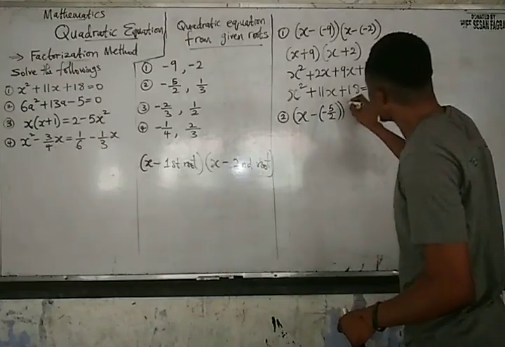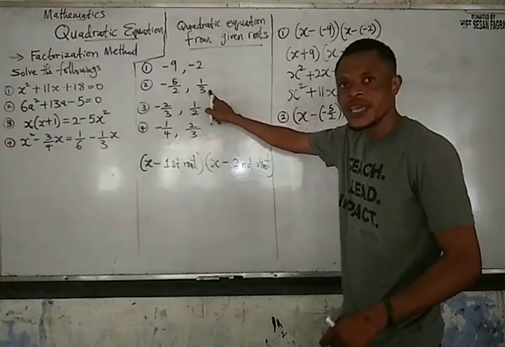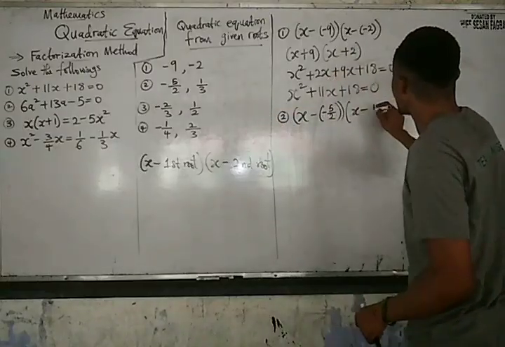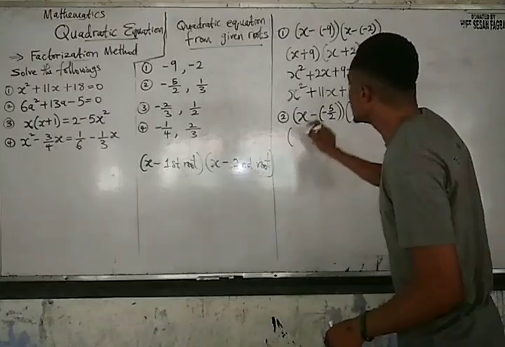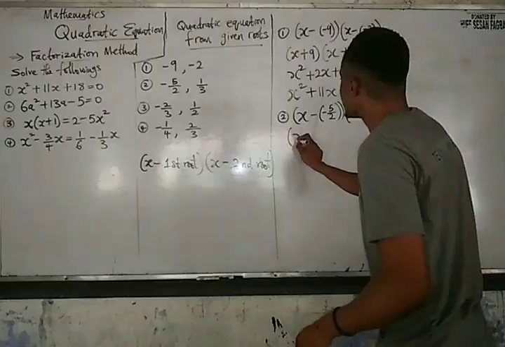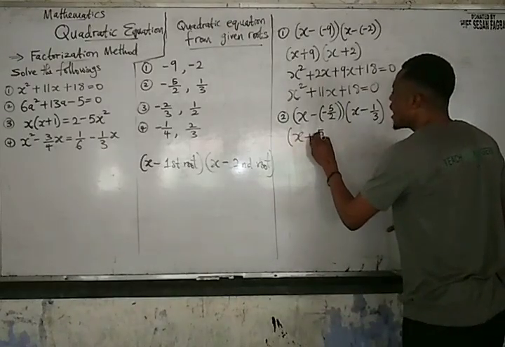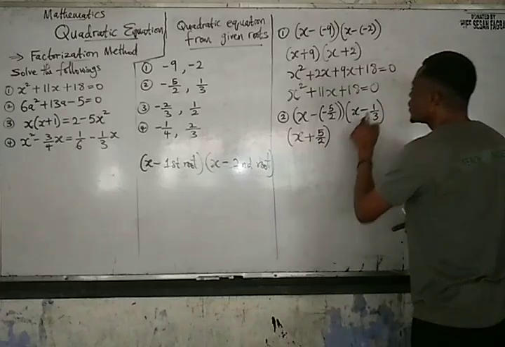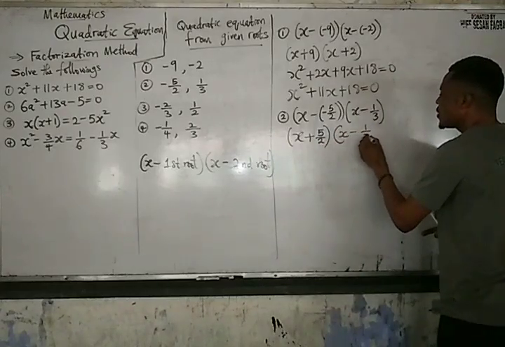First one, we open bracket again. x minus the second root. Here is a positive value, which is 1 all over 3. Close brackets. By the time we treat this accordingly, minus times minus, we have plus. So we have x plus 5 all over 2, and x minus 1 all over 3.